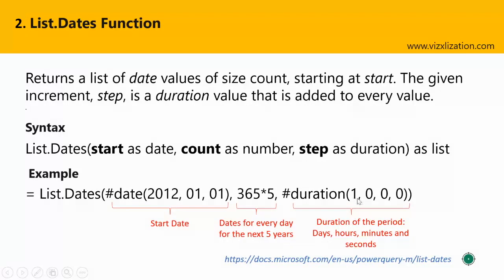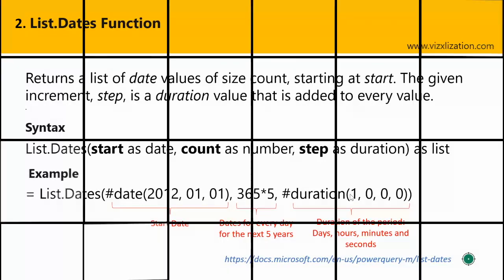Okay, and for this particular case, we have just 1 day. So that's the duration, right? Okay, so please keep this in mind because we want to use this example to build our own Power Query table. And for this particular case, it's going to be a date table. Okay, so now let's go to the next point.